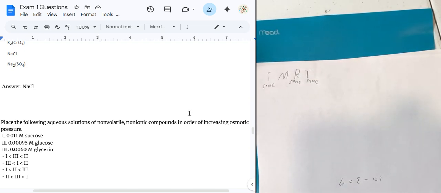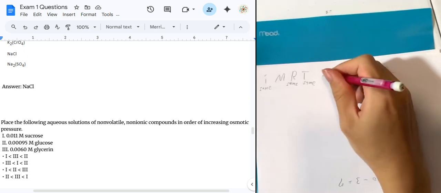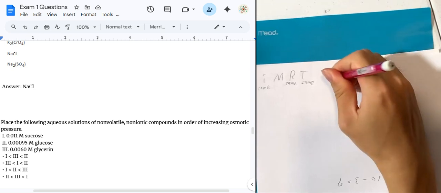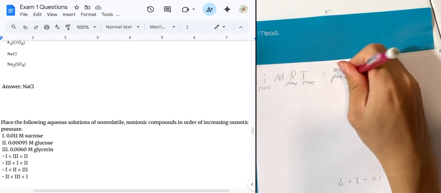The only thing different is the molarity. And if there's a higher molarity, there's a higher osmotic pressure, just from looking at the formula.